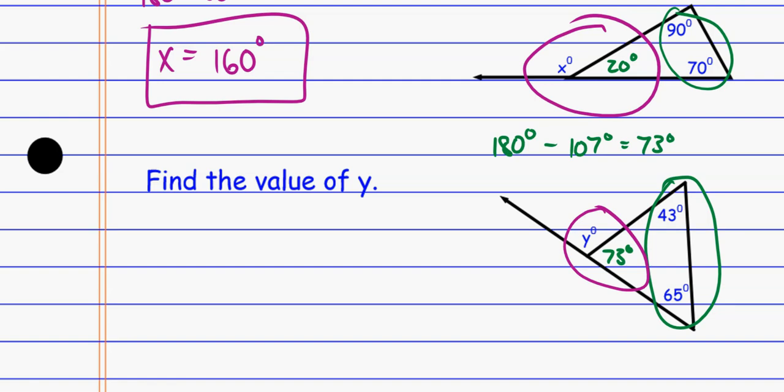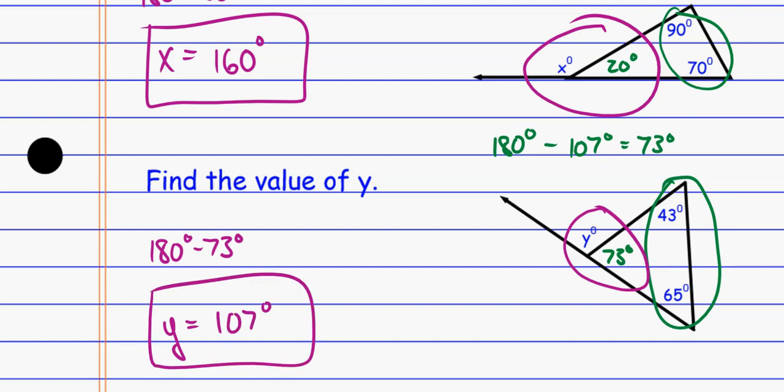And lines have to be 180 degrees as well, which means if I do the 180 minus the 73 degrees, it'll give me the value for y. And so when I subtract these, I get 107. So y equals 107 degrees. Okay? So again, the angles inside the triangle add up to 180, and then those things that form a line add up to 180. So I find the missing angle in the triangle, and now I can find the missing piece of the line.